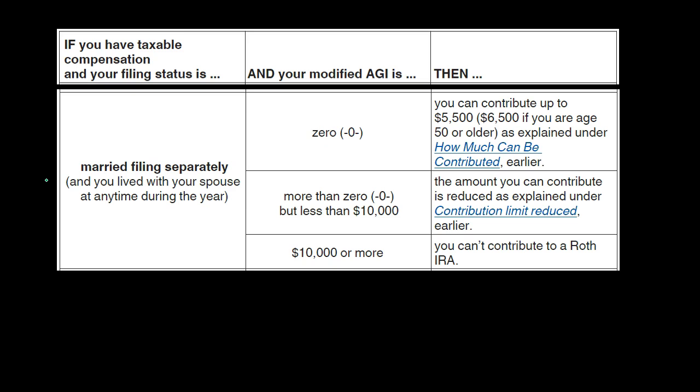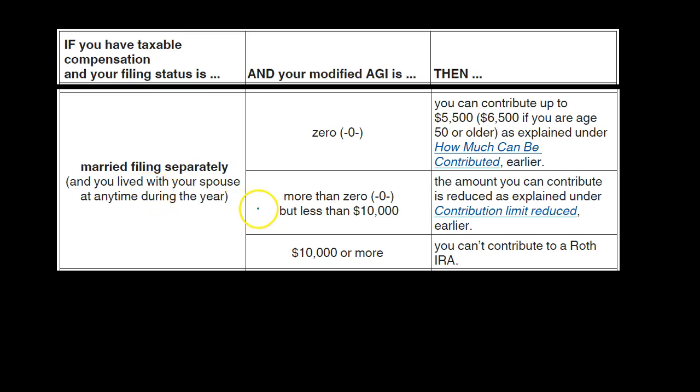There's often going to be exceptions to some of the benefits that could be there in the tax code with regard to the filing status of married filing separately, because the tax code generally would regard or think that the married couple would file married filing joint. So, and your modified gross income, AGI, is 0. If it's 0, then you can contribute up to $5,500, $6,500 if you are age 50 or older. So that's a pretty low limit.